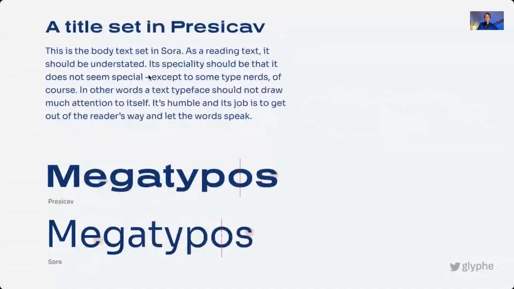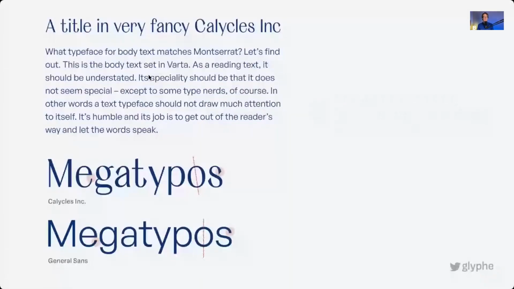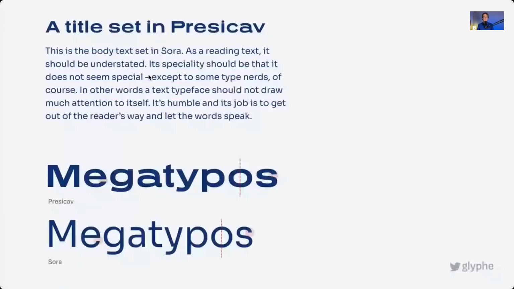And the last one here, I got sent in before I leave some room for the pitfalls we discussed and for some questions maybe to close this, was the combination of, what was it? Precicaf combined with Sora, which are featured on Font Friday.